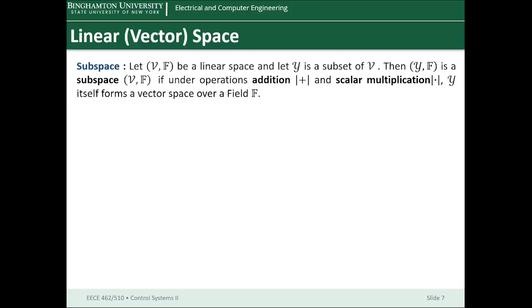What is a subspace? Let V be a vector space over field F. We show a vector space like this. It shows V is a set and F is our field.